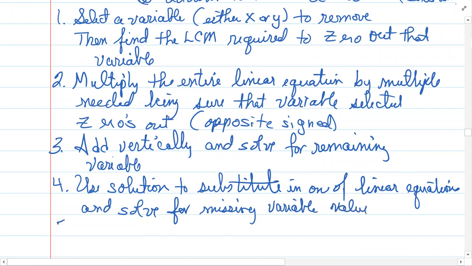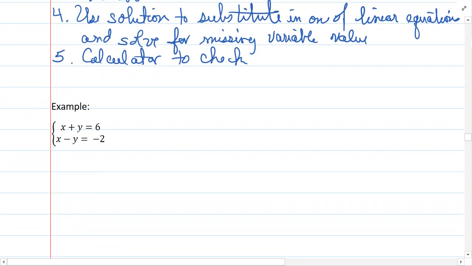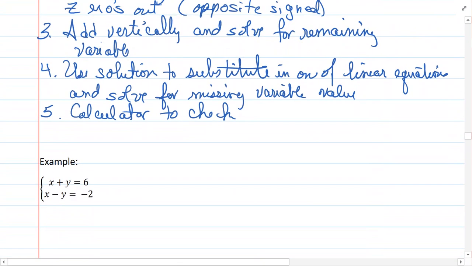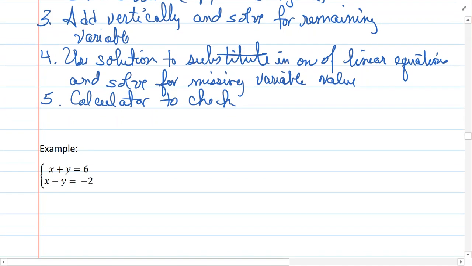And of course, we're going to use our calculator to check. All right. Seems like a lot of work. Remember, you can halt this and make sure that you get the notes that you feel you need. All right. Now, the examples might make sense of it.